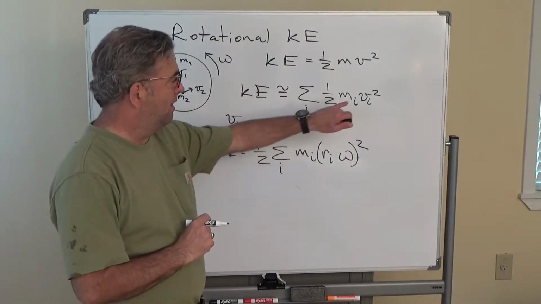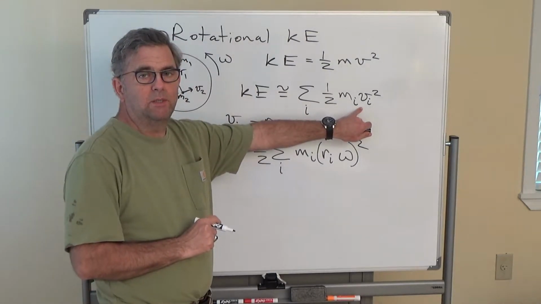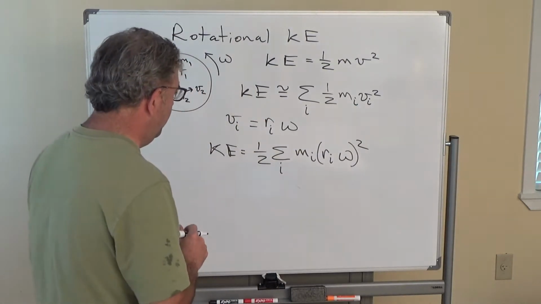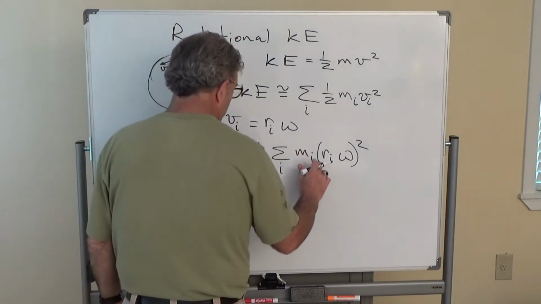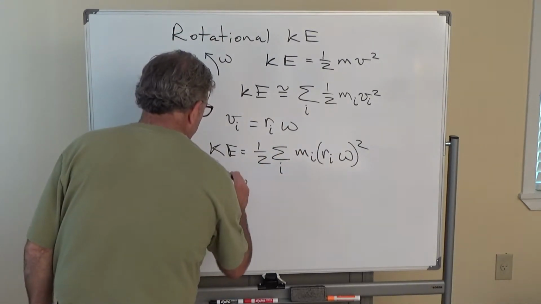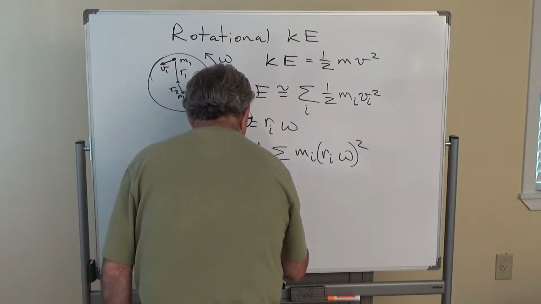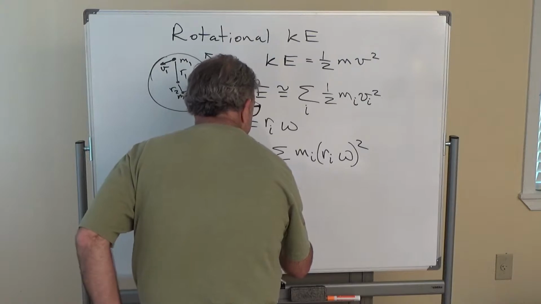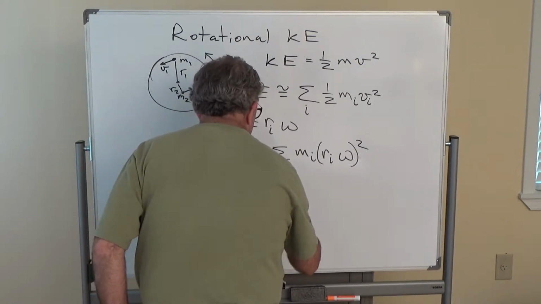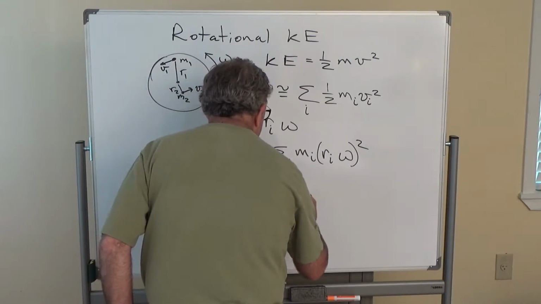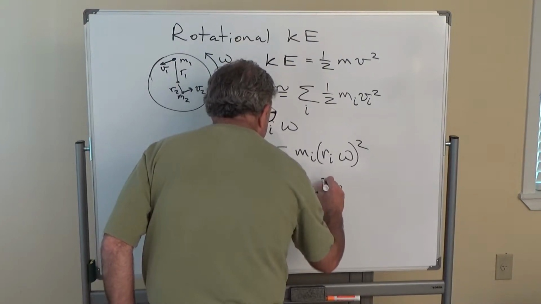Just substituting that in for v sub i. Now I'll square this out. This is equal to 1/2 times the sum over i of m sub i r sub i squared omega squared.